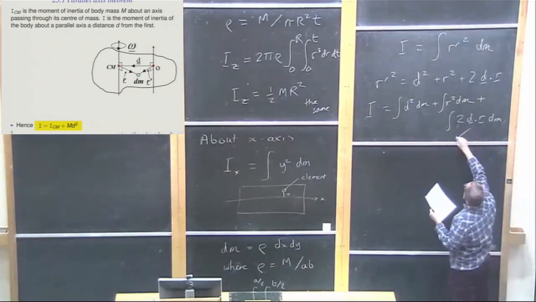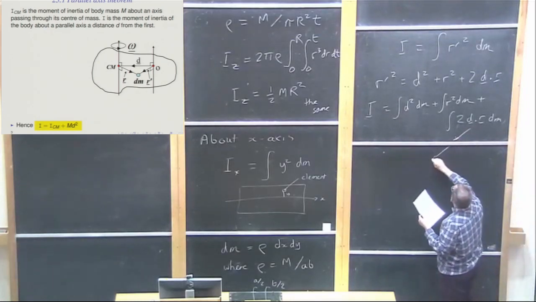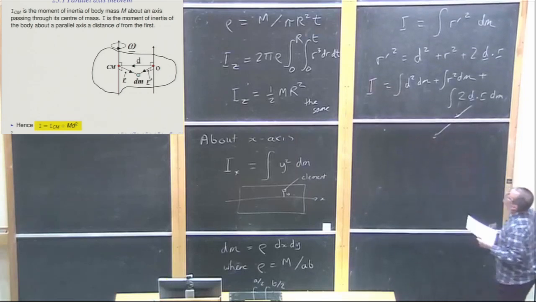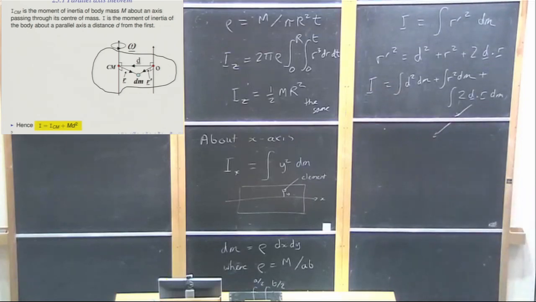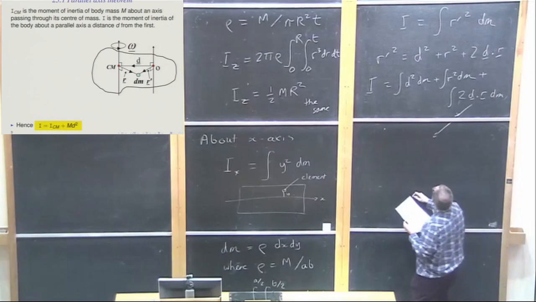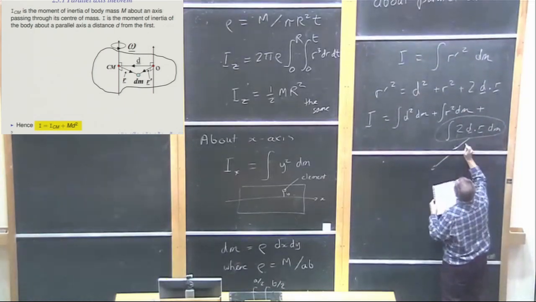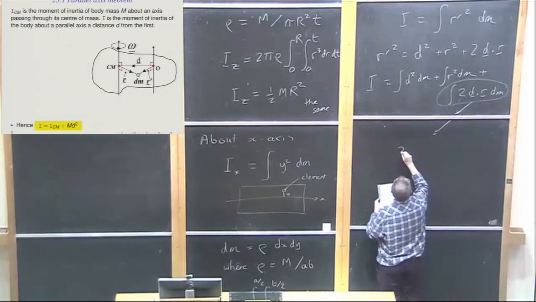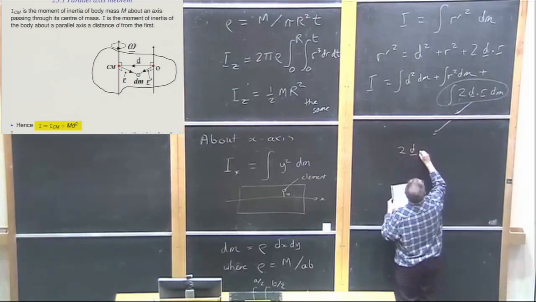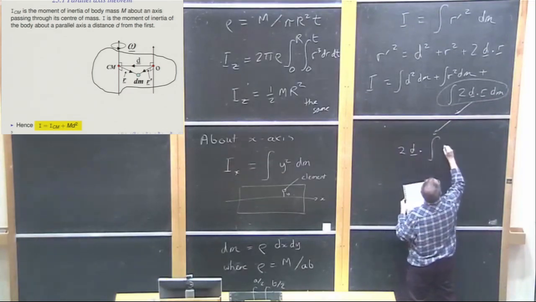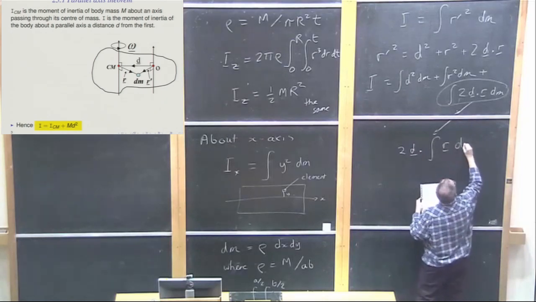But this last term, d is a constant. It's just the distance between the two axes. So I can actually take that d out of the integral. So let me do that. 2d dot, and then I have r dm.